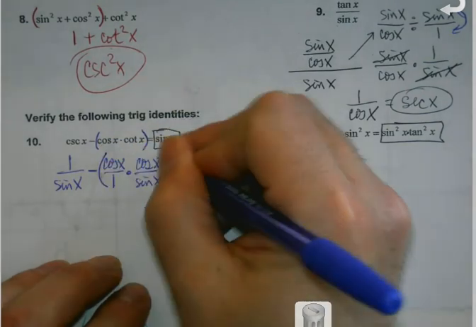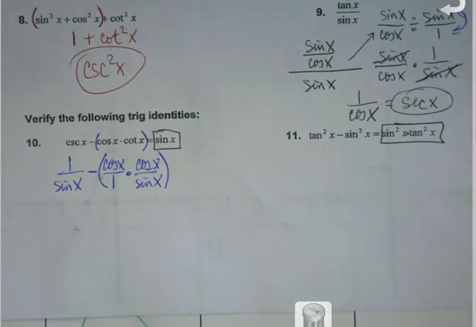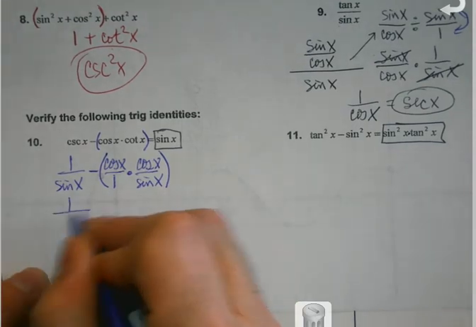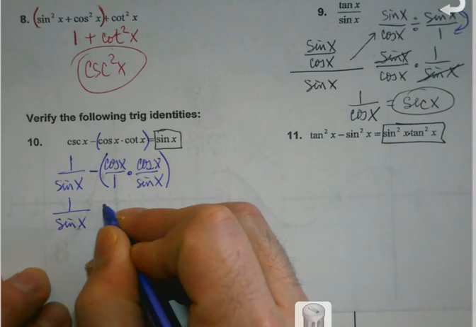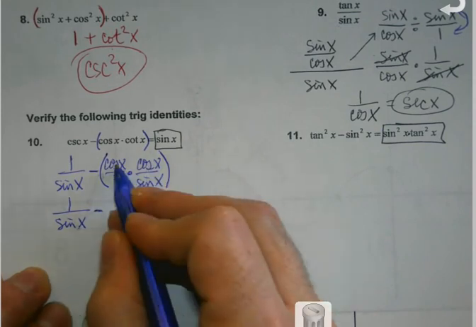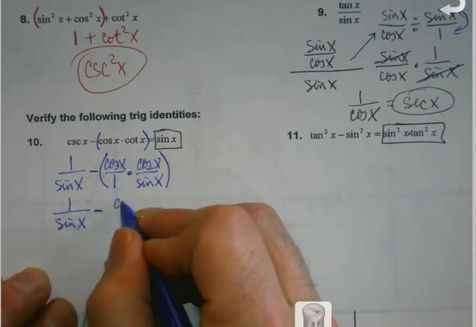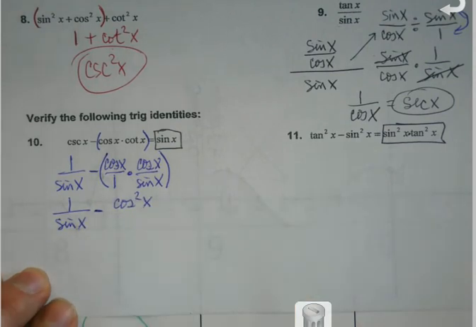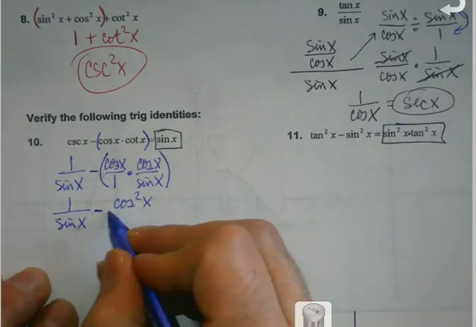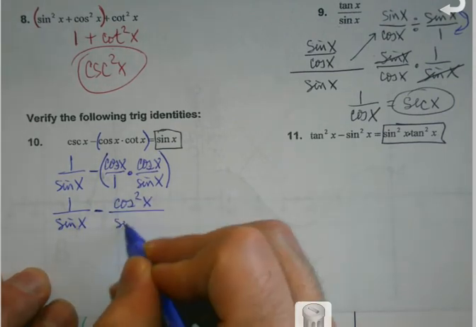So I have to clean up what's in the parentheses before I can even think about subtracting things. So if I multiply through in the parentheses, cosine times cosine, don't cancel side to side, don't do it, is cosine squared. 1 times sine is just sine.